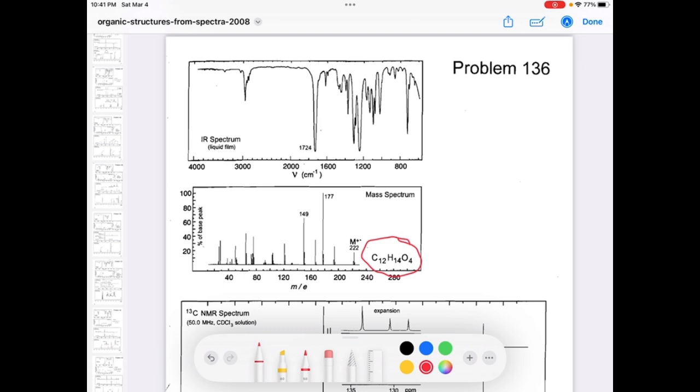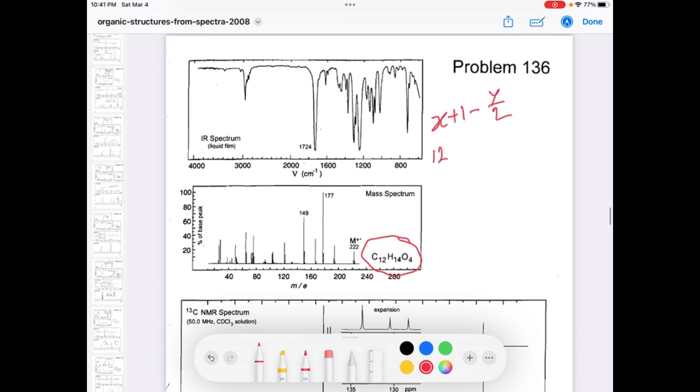Since there is no nitrogen or halogen, you can directly calculate with the usual equation. The solder equation is x plus 1 minus y over 2, where x is the carbon number and y is the hydrogen number. So x is 12, plus 1, minus the hydrogen number 14 over 2. So it will be 13 minus 7, so the solder number will be 6.